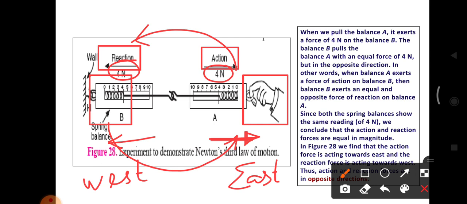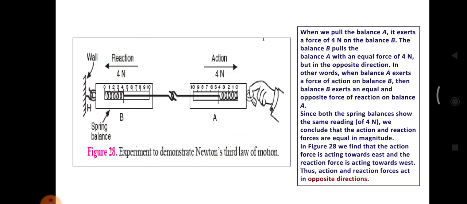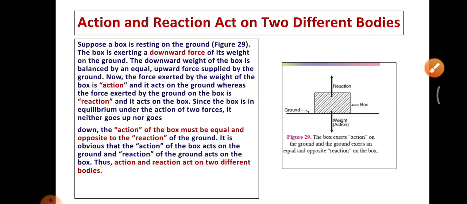So every action has an equal and opposite reaction, and the magnitude is the same for action and also reaction, but the directions are different. Action and reaction act on two different bodies. So action and reaction act not only on a single body, they act on two different bodies. We will see this.